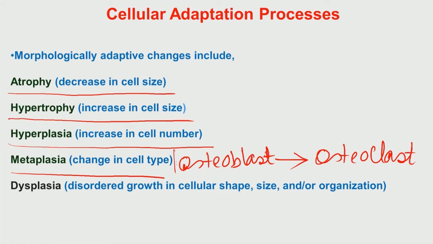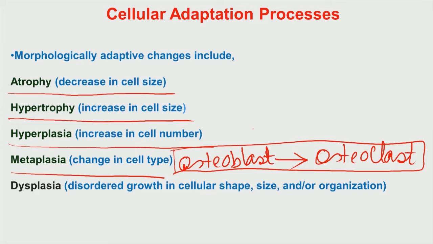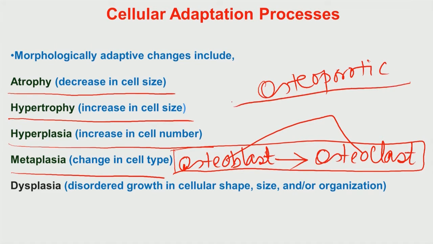I might have mentioned in one of the earlier lectures that in a healthy human bone you have to have an appropriate balance between these two cells. In osteoporotic bone, where there is large bone loss, you have a larger concentration of the osteoclast. So, osteoclast increases and therefore that makes the bone osteoporotic.